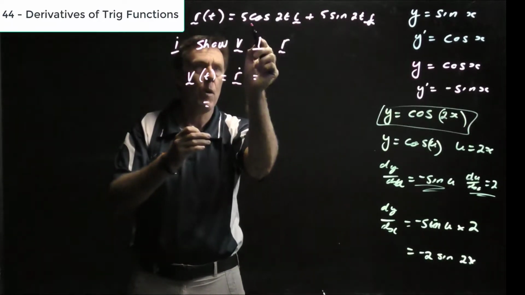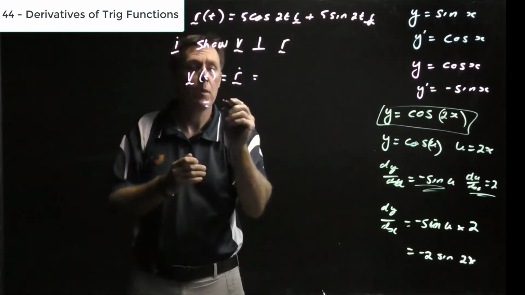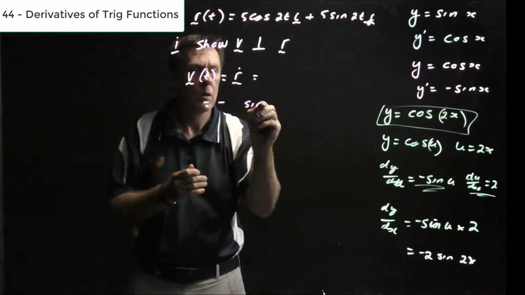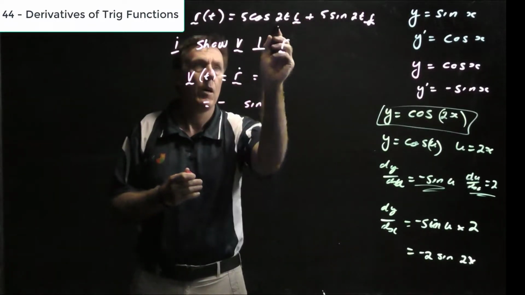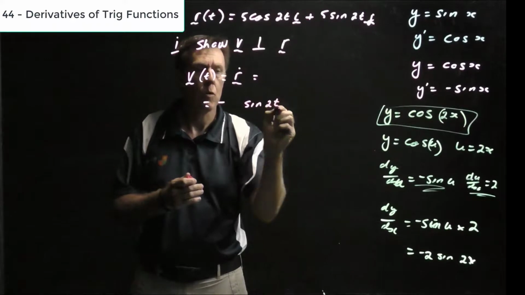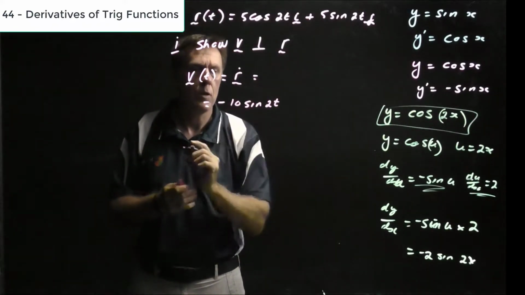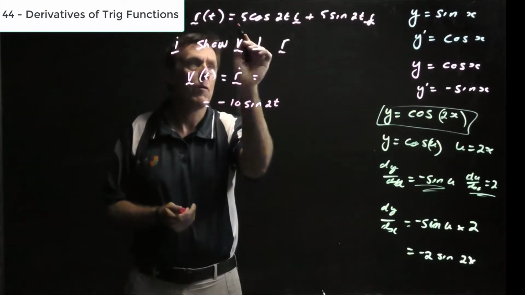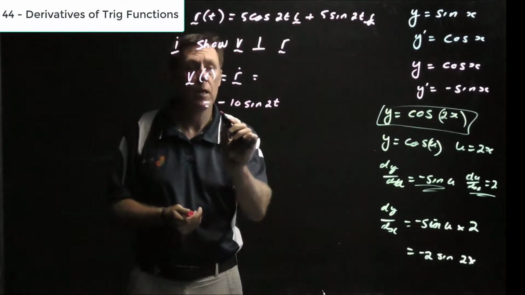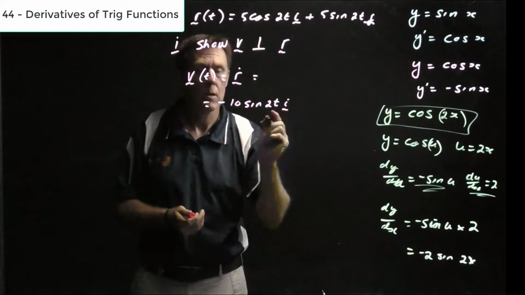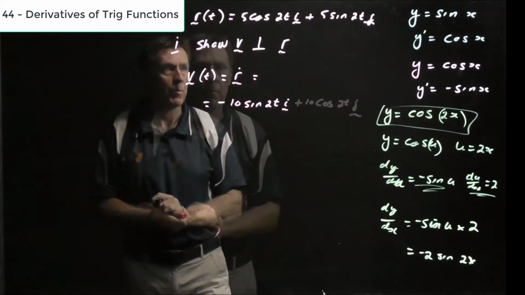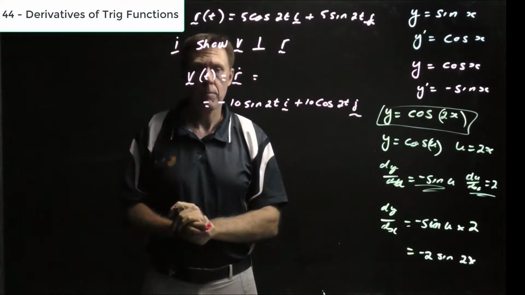So in the i component, cos will differentiate to be negative sine. The angle stays the same, so it's 2t. And then 2 5s are 10. So 5 cos 2t differentiates to negative 10 sine 2t. So that's the component in the i direction. So there's my velocity vector.